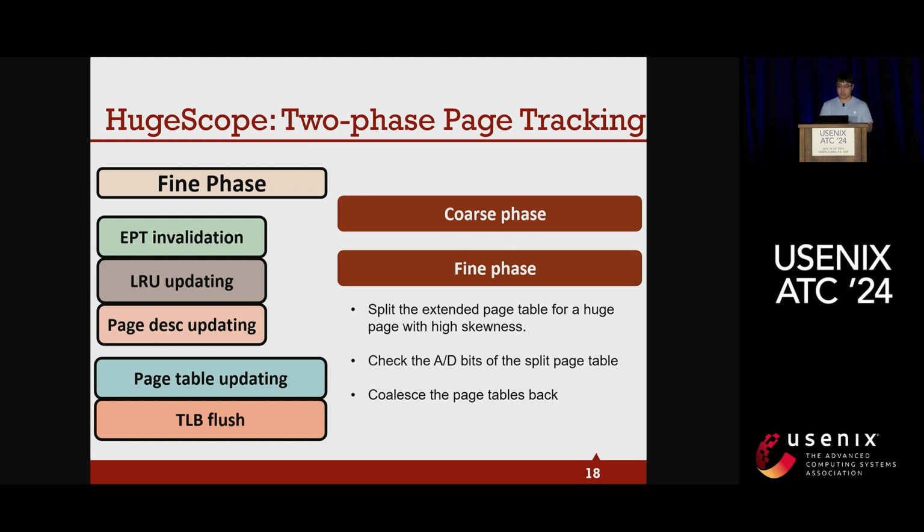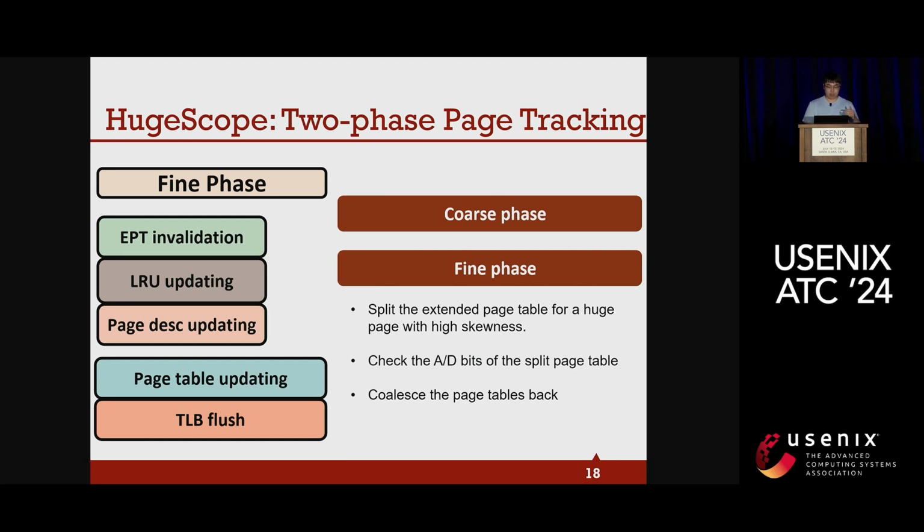After the coarse phase, we can get some hot huge pages. For those hot huge pages, we then use fine phase tracking to find whether there are some skewed accessed huge pages. Page tracking in the fine phase splits the second-level page table and then tracks the memory access at the base page granularity, and finally coalesces the second-level page table back.